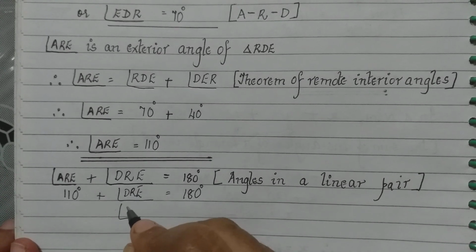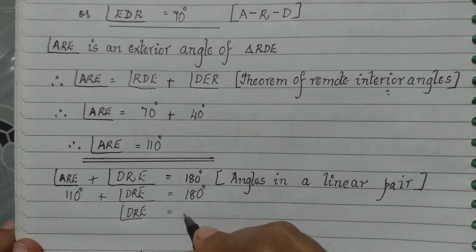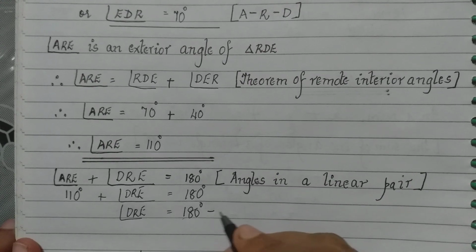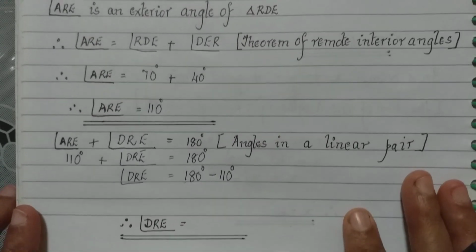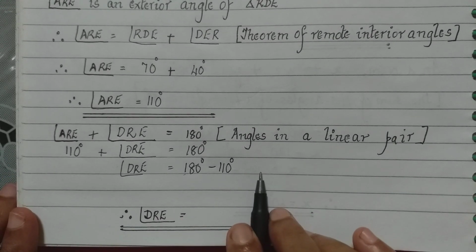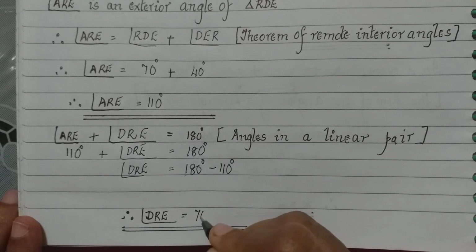Angle DRE is equal to 180 degrees, taking 110 degrees to the other side, minus 110 degrees. Therefore, I can find out what angle DRE is. 180 degrees minus 110 degrees is 70 degrees. So that is 70 degrees.